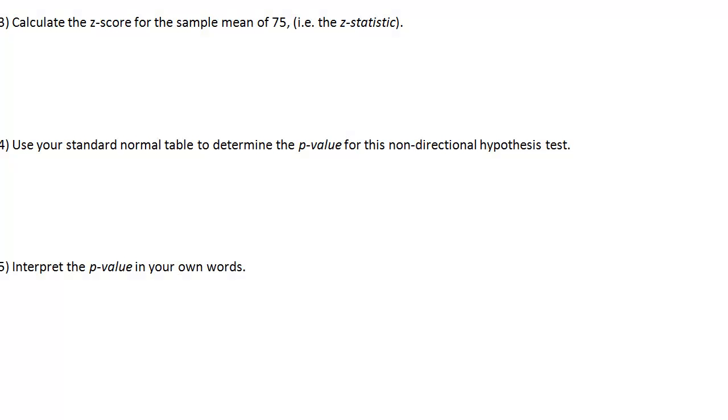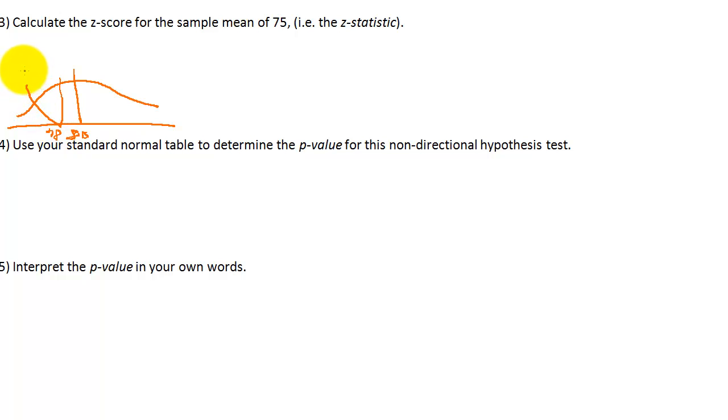Calculate the Z-score for the sample mean of 75. This is 80 and this is 75, and we calculate Z for that. 75 minus 80, divided by the standard deviation of the sample mean.